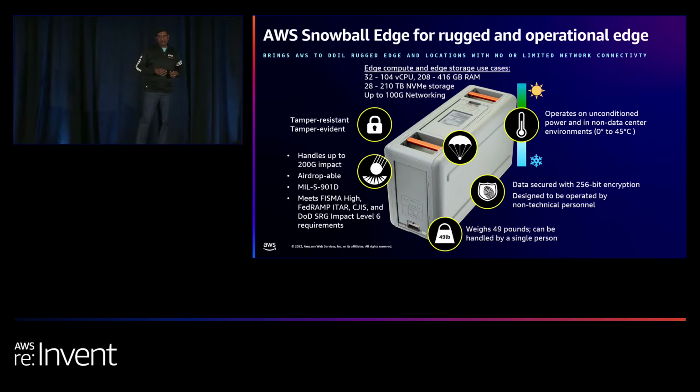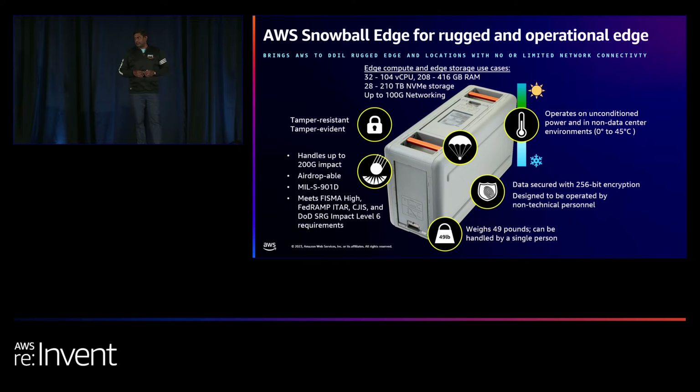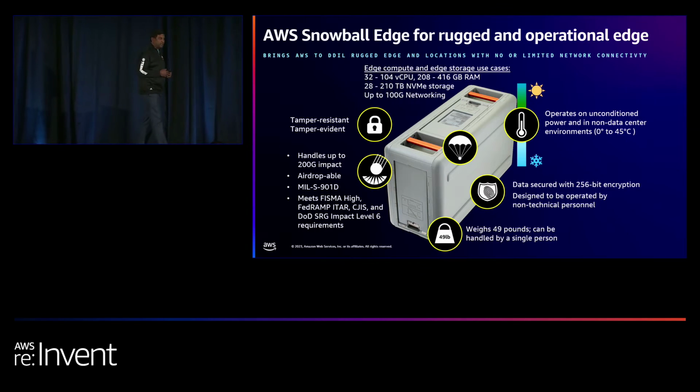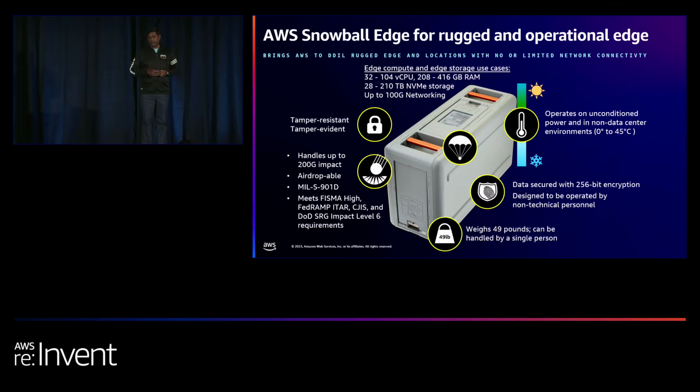The use cases where customers use Snowball Edge today, it's used in those rugged edge locations. One example would be integrated private wireless and private 5G, so customers can run an entire private 5G core and RAN on the Snowball Edge and still have some compute power capable of doing edge compute and multi-access edge compute at that edge location.